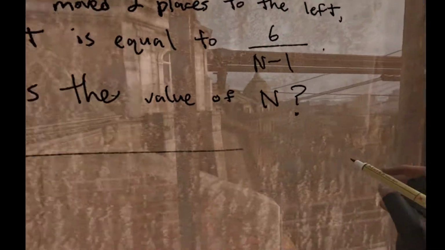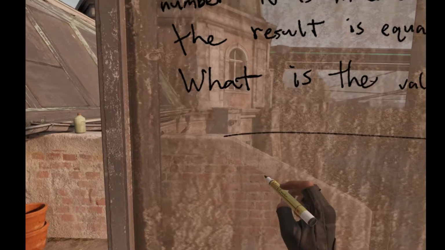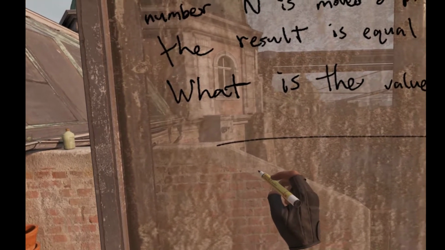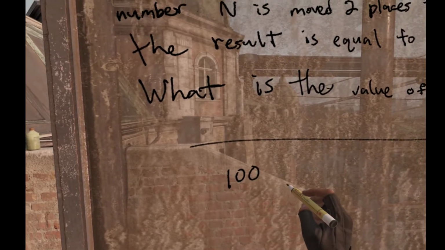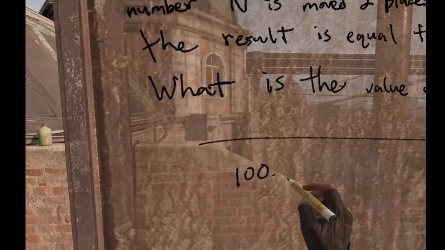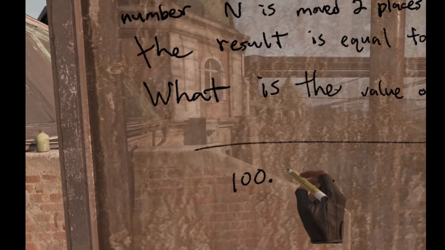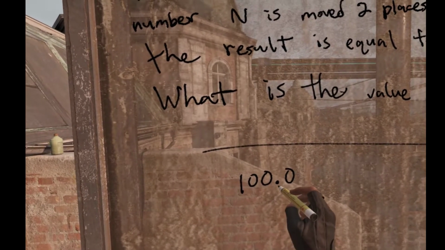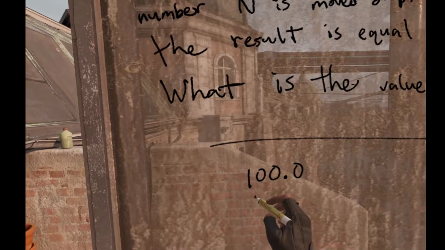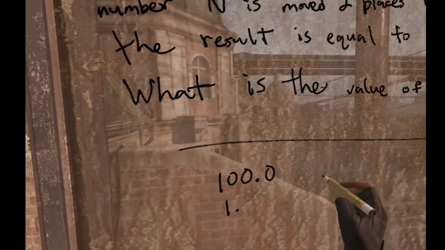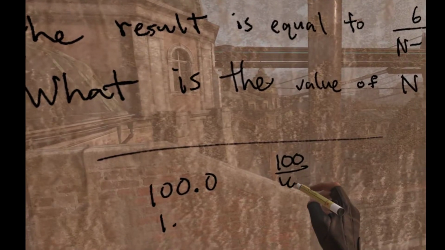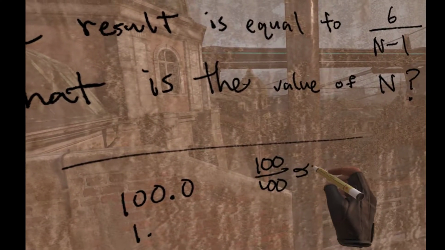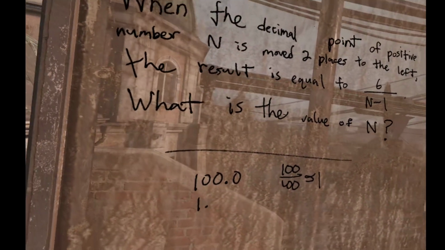For example, say our number is 100, and the decimal point for 100 would be right there. If you move the decimal point 2 places to the left, it's equal to 1, which is the same as 100 divided by 100. You'll see that this is true for all other numbers as well.